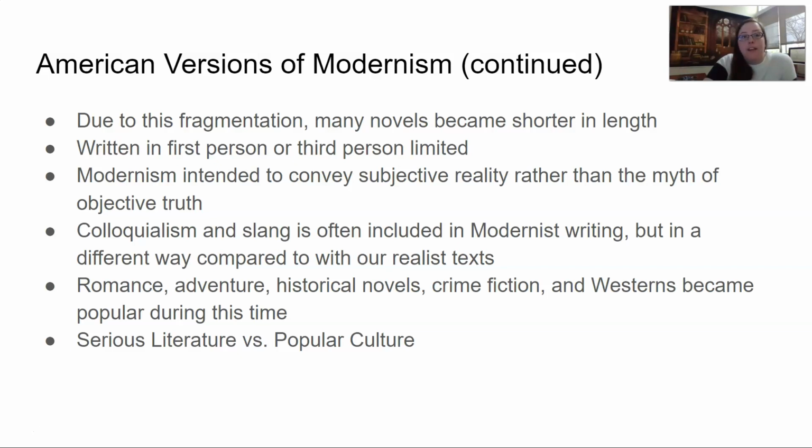Modernist texts are more likely going to be written in first person or third person limited. First person is like, I did this, I went here, I talked to this person. Third person is he or she, or naming the character, or they. But limited means that you're only getting into the mind of one person.